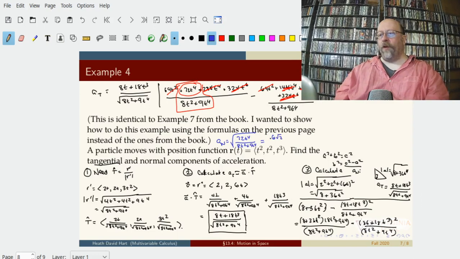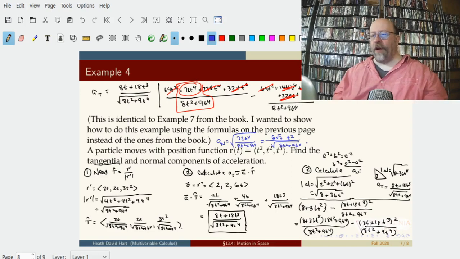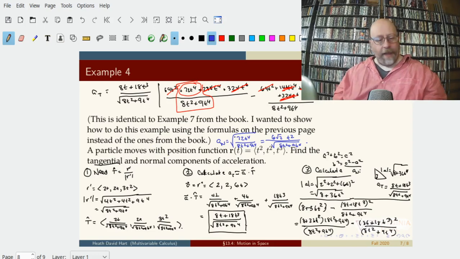The square root of t to the fourth is t squared, over the square root of 8t squared plus 9t to the fourth. All right. And this is exactly the correct answer that's in the book, but we've obtained it using a different set of formulas than the formulas in the book. And again, I apologize for screwing up the exponent over here.